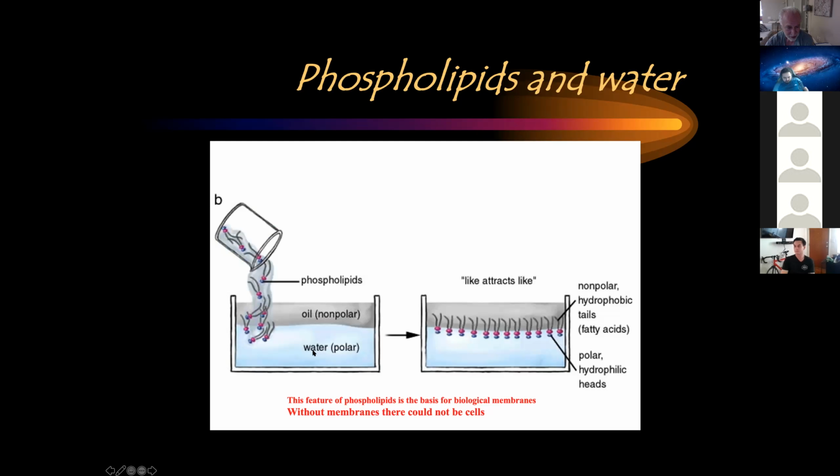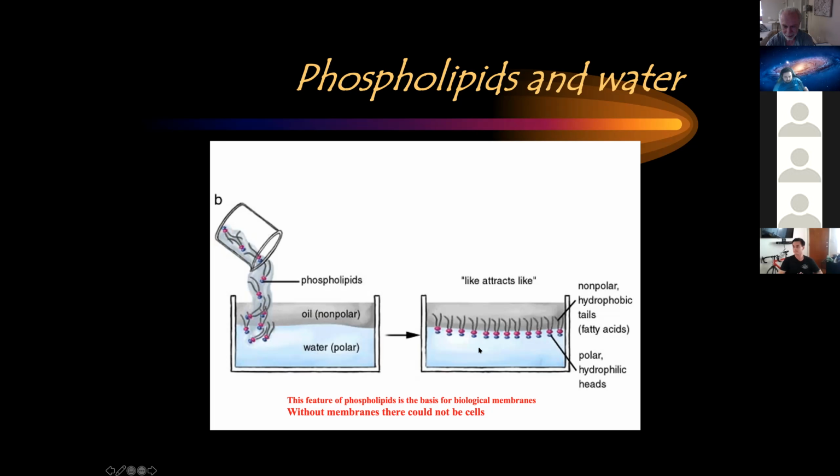If you make a mixture of water and oil, the oil will float and there'll be a sharp margin between the water and the oil. Now, if you pour phospholipids into such a mixture, what will they do? They will orient themselves so that their hydrophobic tails are in the oil and their polar heads are in the water. This is the basis for a membrane.